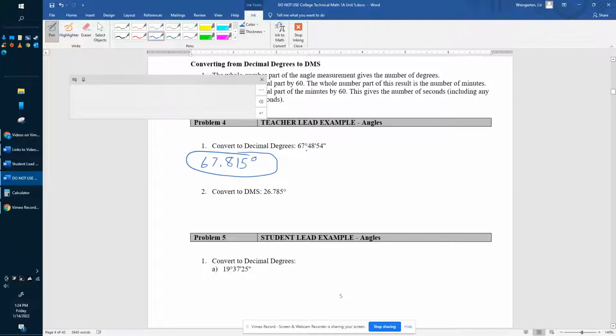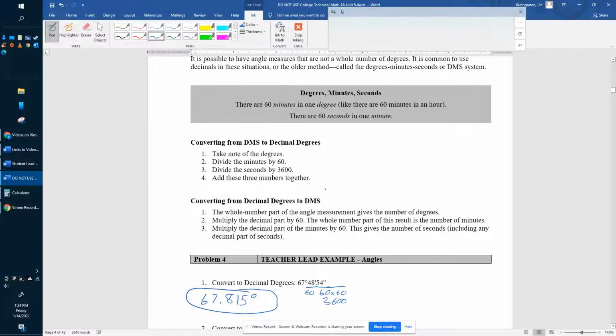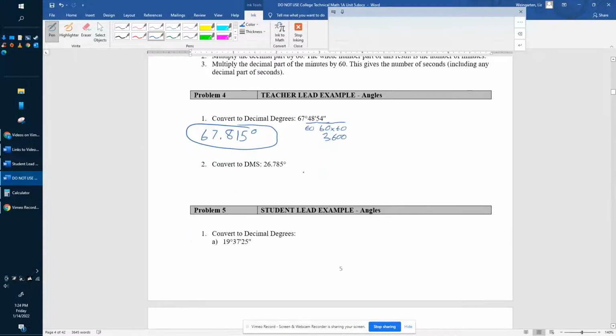So you'll just take the minutes, divide it by 60, and seconds you'll divide by 60 times 60. Dividing by 60 twice, or you can say you're dividing by 3,600. Again, the steps on doing this are right up here. So if you ever forget, you can refer back.